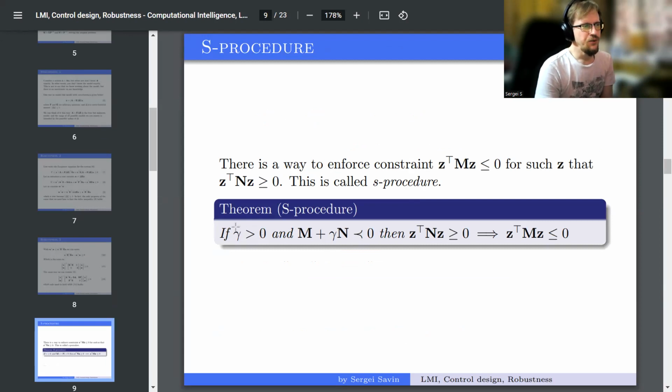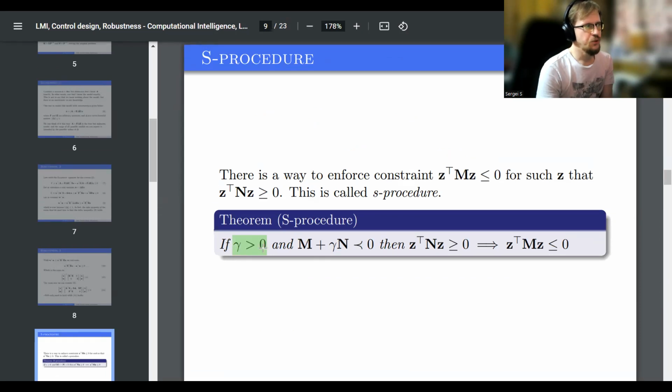So if you have positive scalar gamma, and we have m plus gamma n, let me color code it properly, m plus gamma n being negative definite. So gamma is positive, and this whole thing is negative definite.